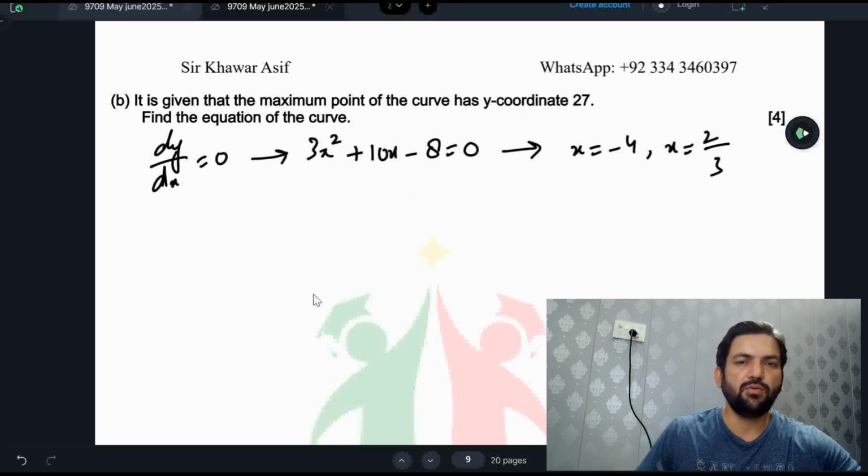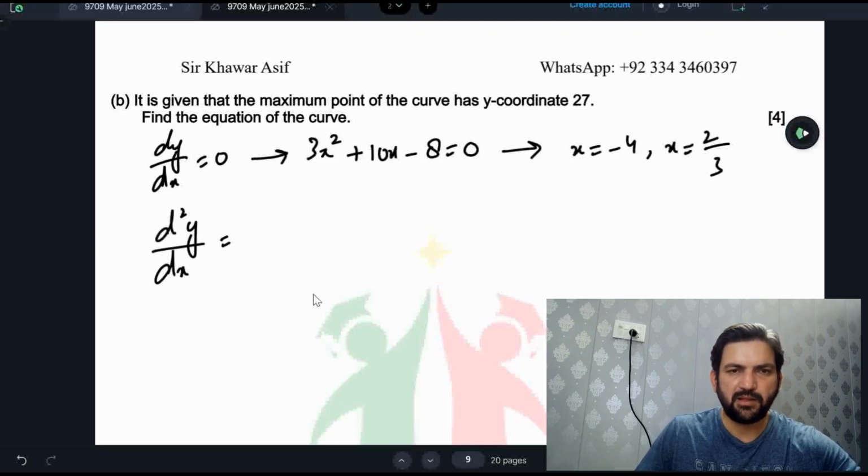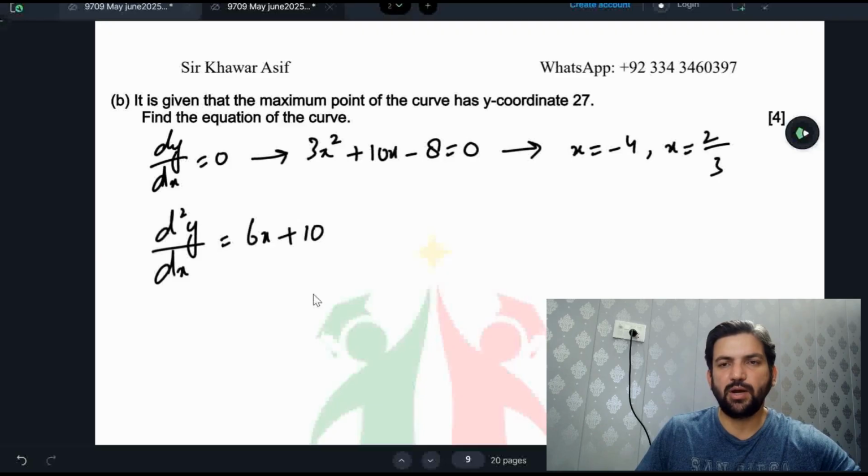Okay, now for the maximum point we have to find out the second derivative first. So the second derivative will be 6x plus 10. Now we have to find out the y coordinate.